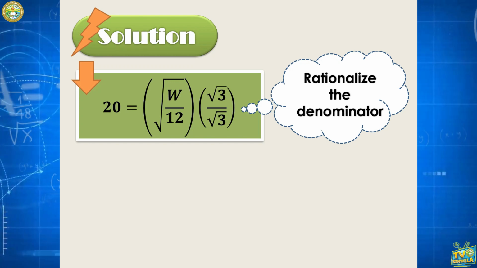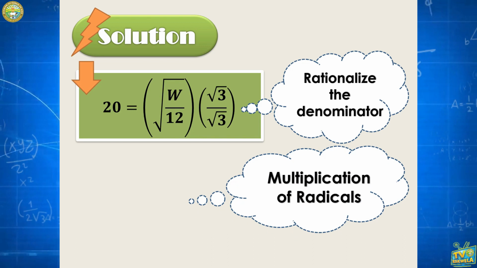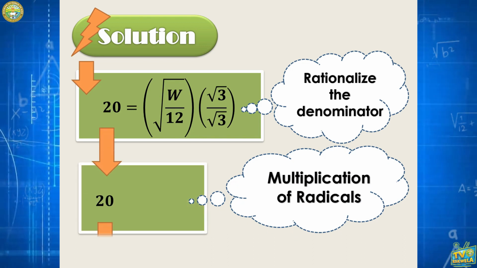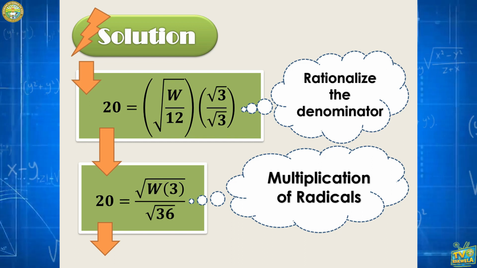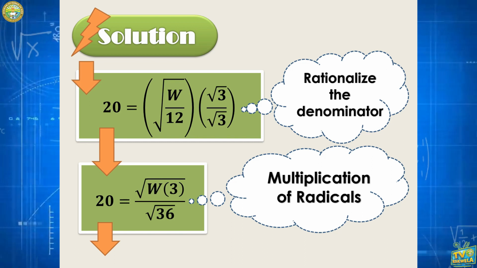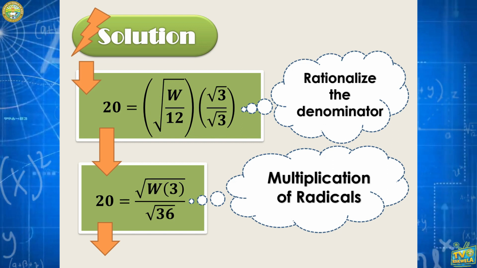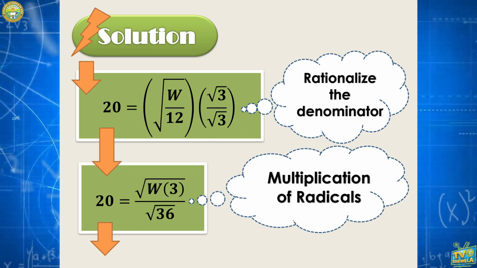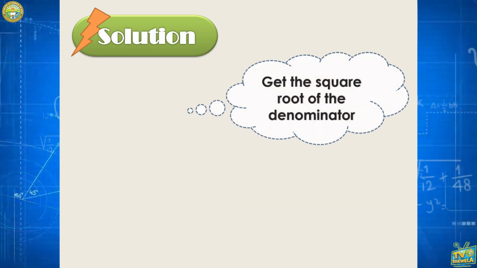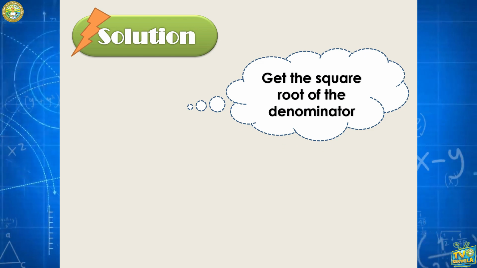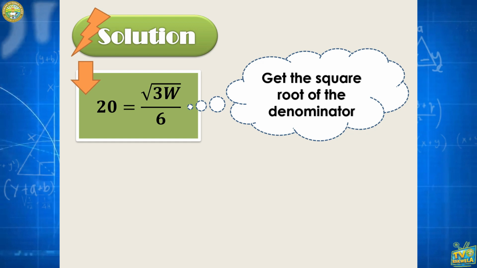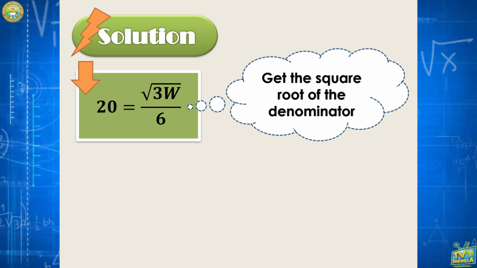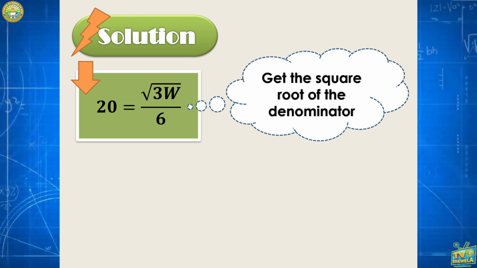By multiplication of radicals, 20 equals the square root of W times 3 all over square root of 36. Get the square root of the denominator, that is 20 equals square root of W times 3 all over 6.